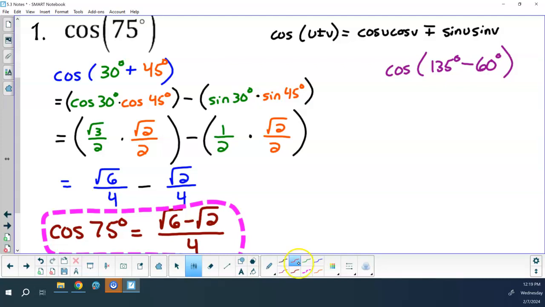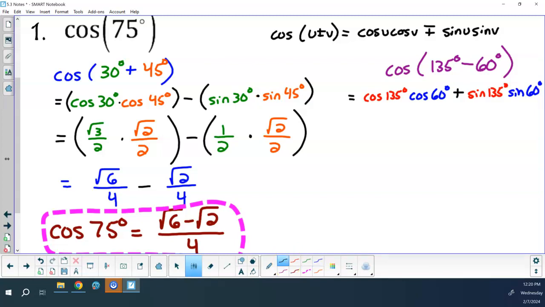Then this would become the cosine of 135 degrees times the cosine of 60 degrees. Instead of minus, now it would be plus, because my signs are opposite, the sine of 135 degrees and the sine of 60 degrees.